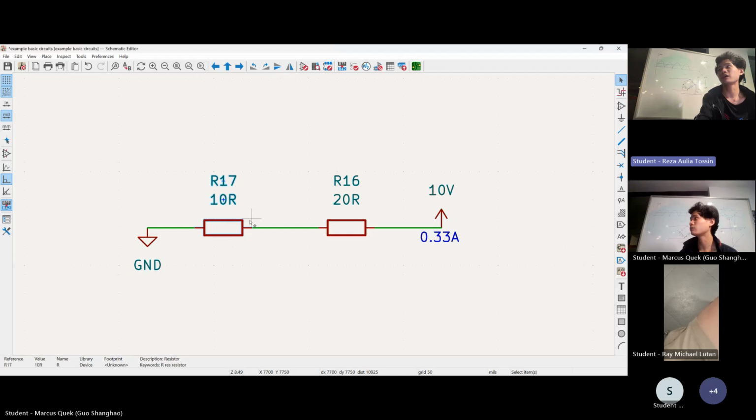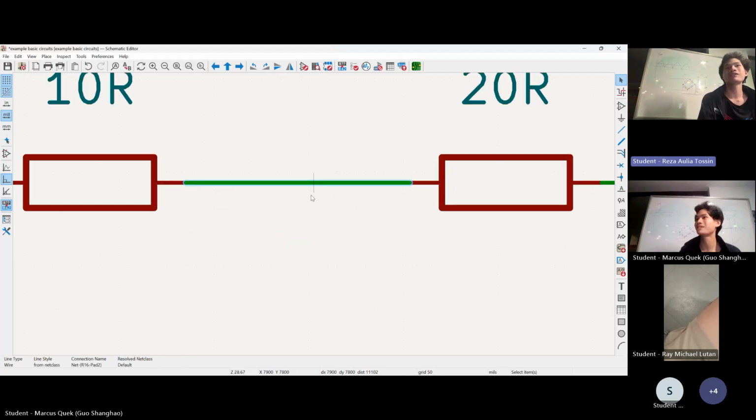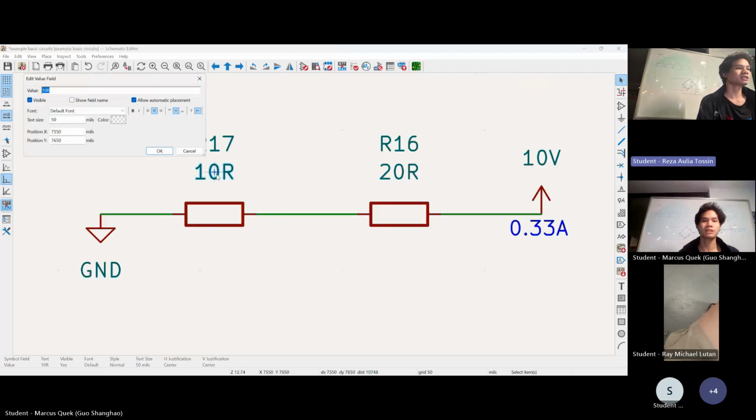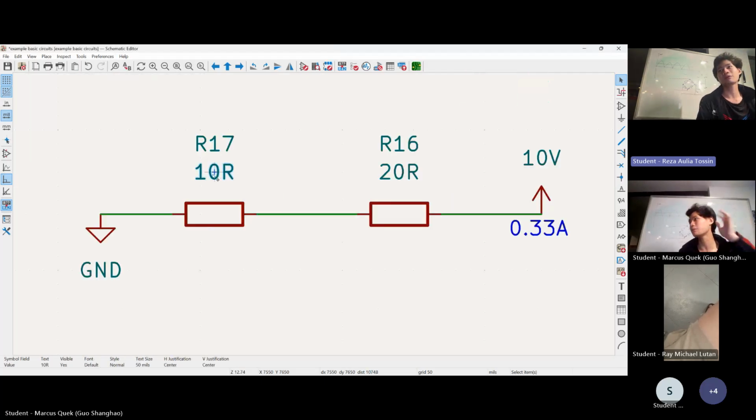This is touching on the idea of non-ideal wires. Right now we have these magic wires that have no resistance at all. In reality, they have resistance. 10 ohms is gigantic, but let's say it was 10 ohms. Then I'm losing some power to this. I'm not delivering all of my power to my load. So I can very easily calculate this.